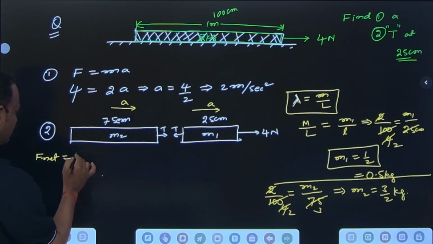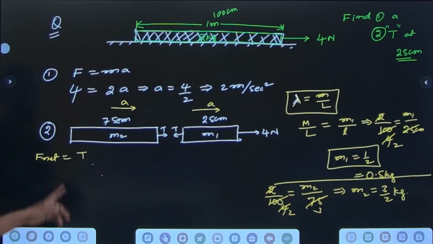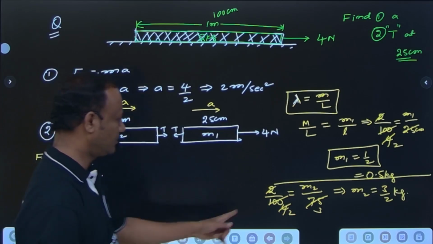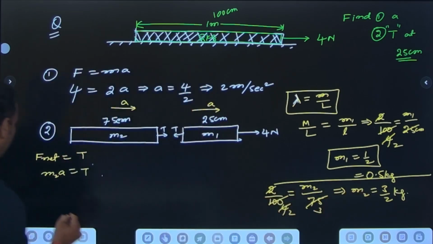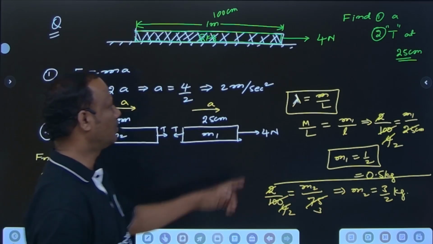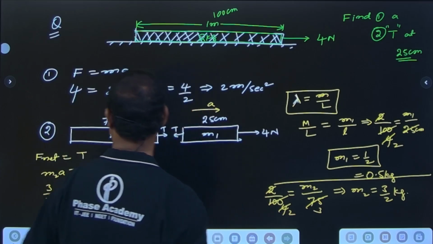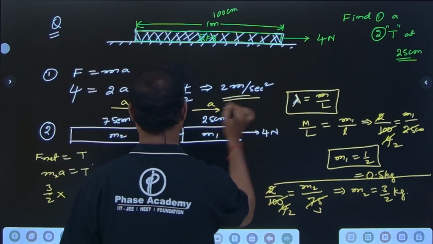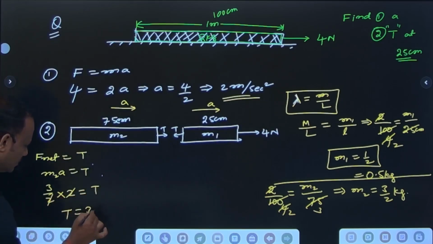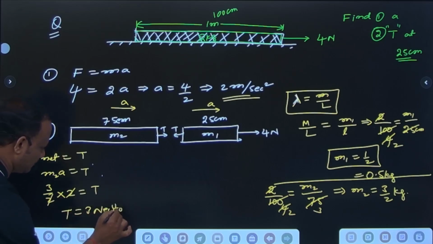Only one, T. F net is MA, so M2 A is equal to T. M2 is 3 by 2, and the acceleration we got is 2. The 2 cancels. T is equal to 3 Newton.